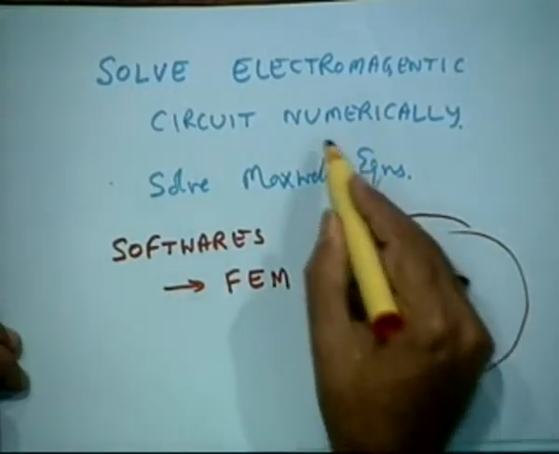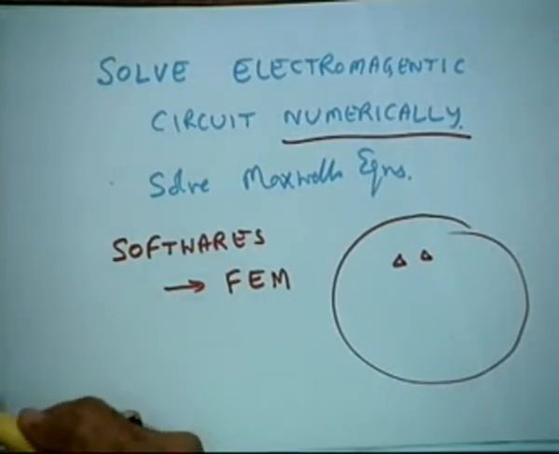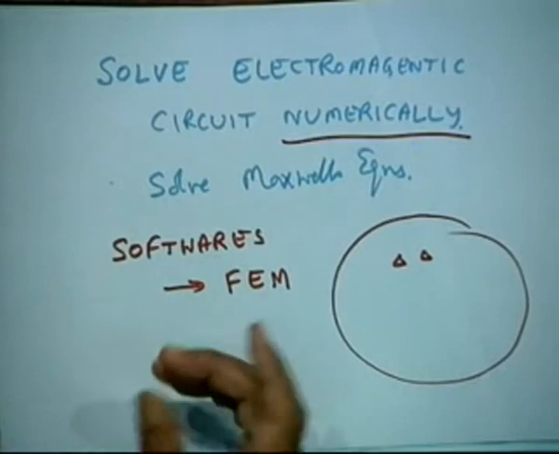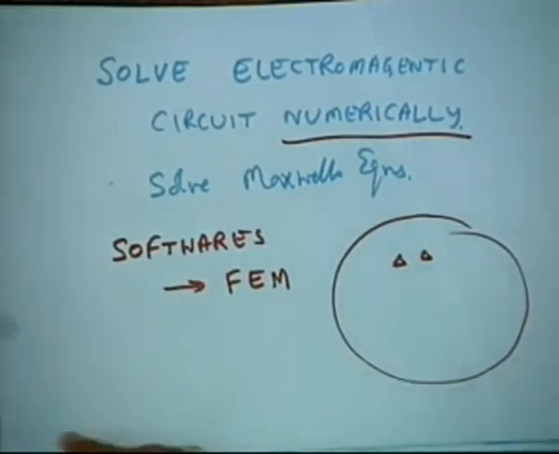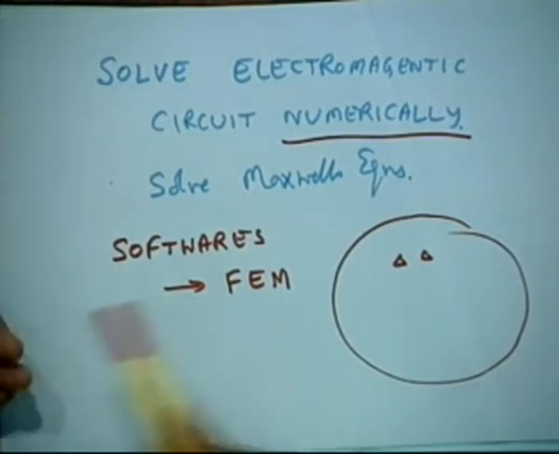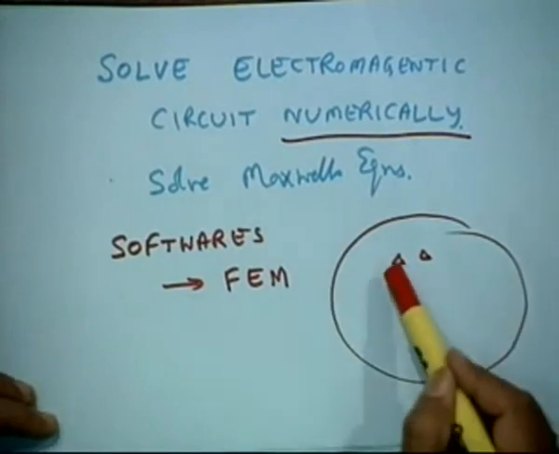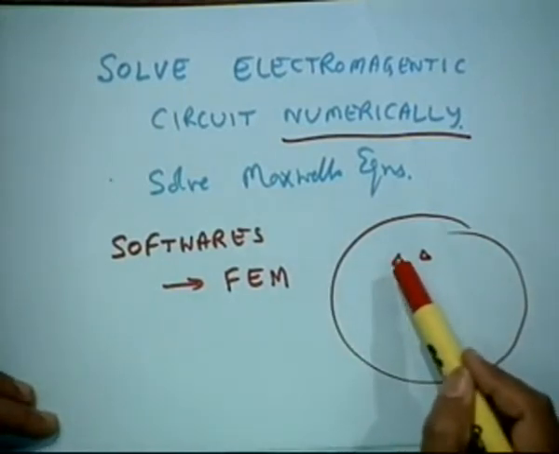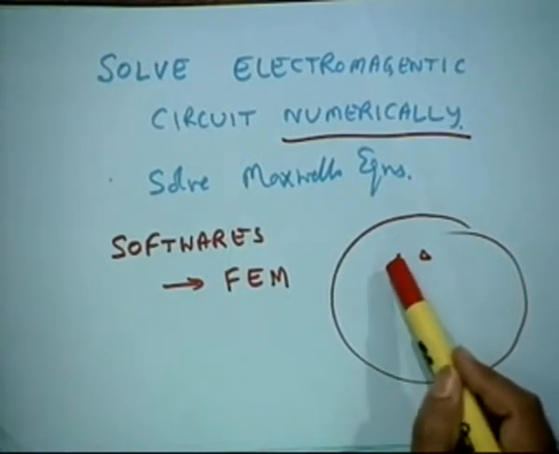These softwares give numerical solutions. So for a DC machine or induction machine or synchronous machine, all you have to do is put their dimensions into that software, and it will make a number of small triangles, and then numerically using the finite element methods, the magnetic vector potential is obtained, and through it the magnetic fields can be obtained.